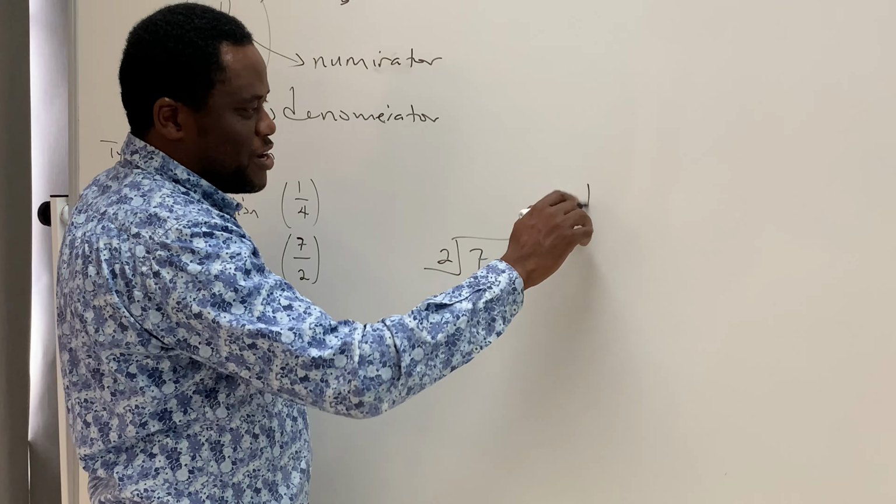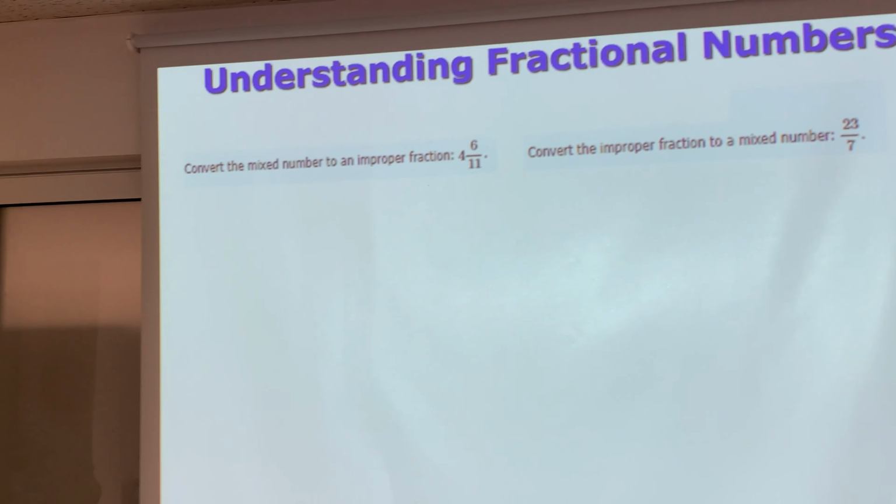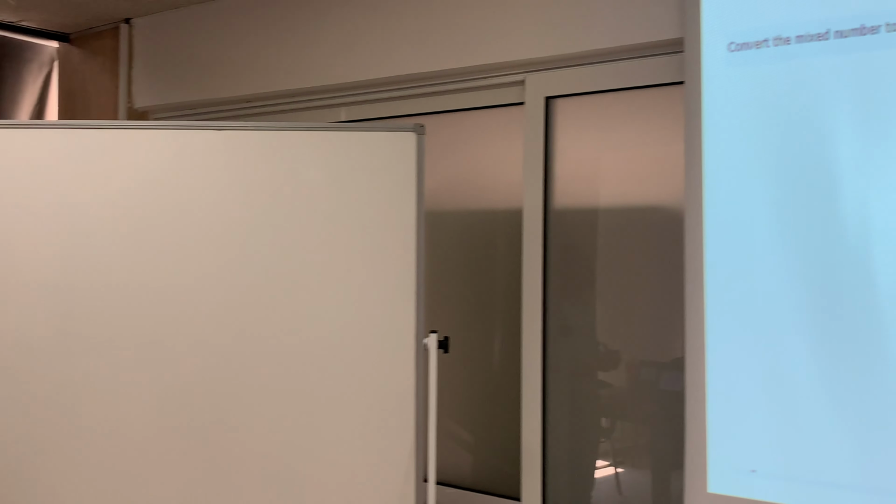In order to understand these types of fraction, let us solve one or two problems. The first question says, convert the mixed number to an improper fraction. Improper means the numerator is bigger than the denominator. So what is the number we have there? We have 4 whole number 6 over 11.